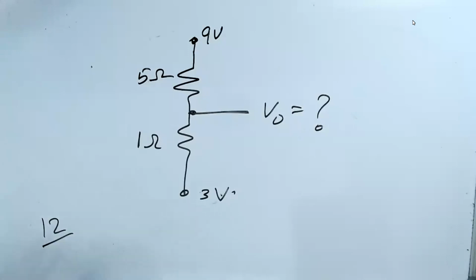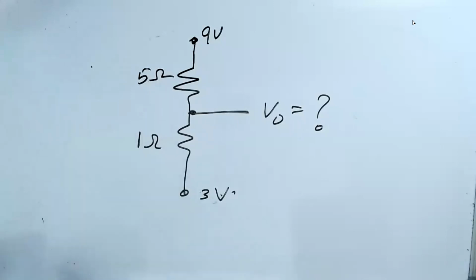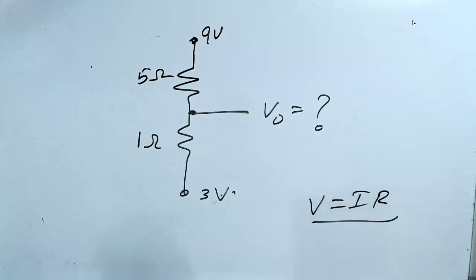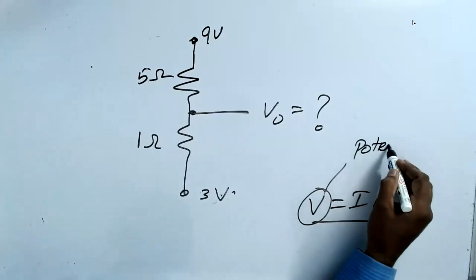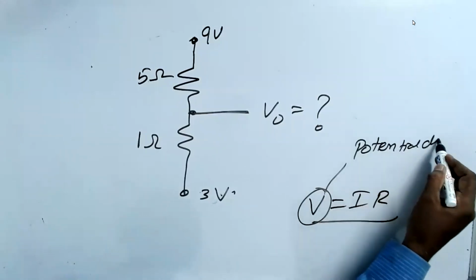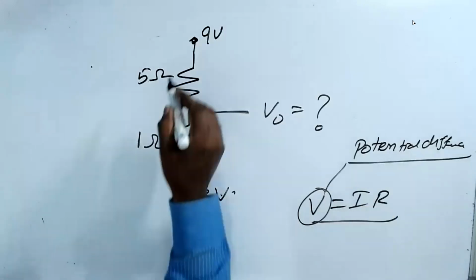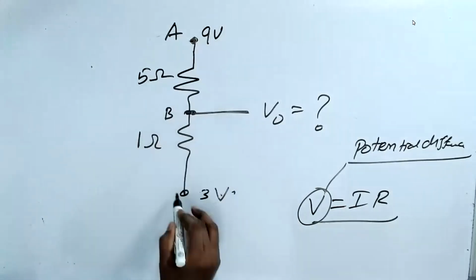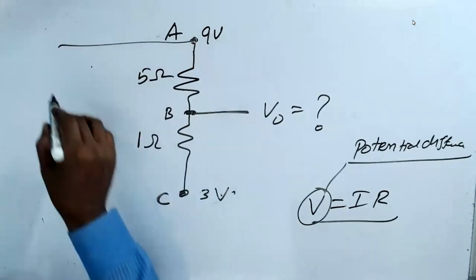Now let us go very simply by Ohm's law and solve the problem. What is Ohm's law? Ohm's law is V is equal to IR. Am I right? Now, what is voltage? Voltage is potential difference. Let's say this is point A, this is point B, this is point C. What is the voltage between point A and C?